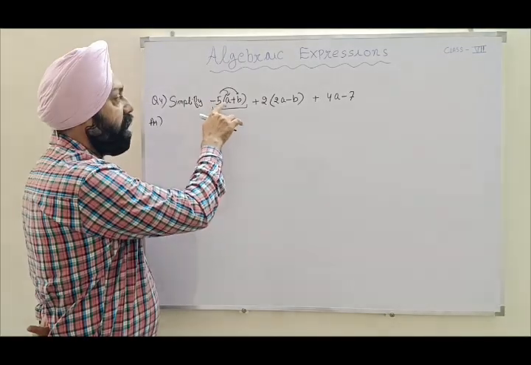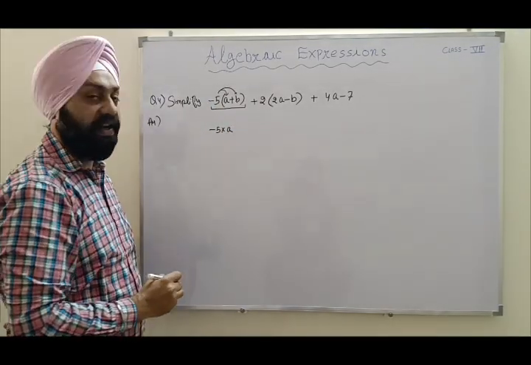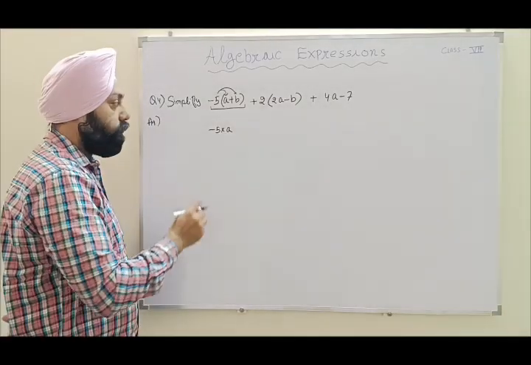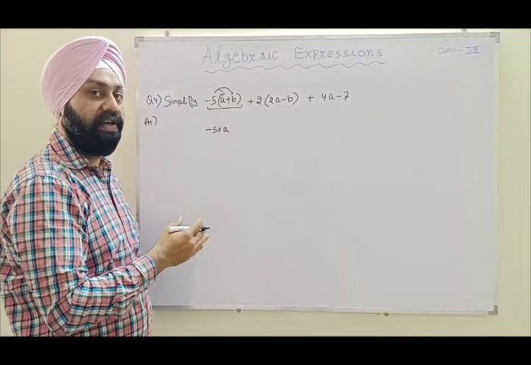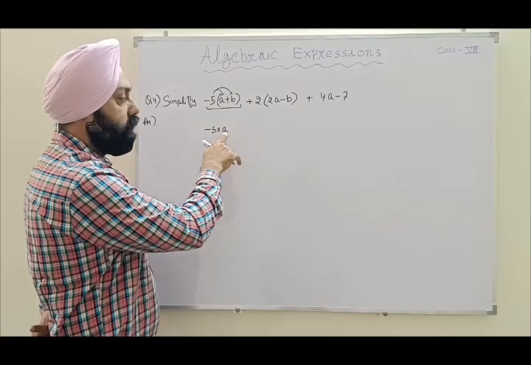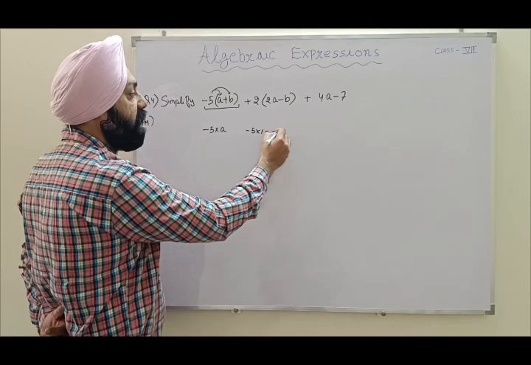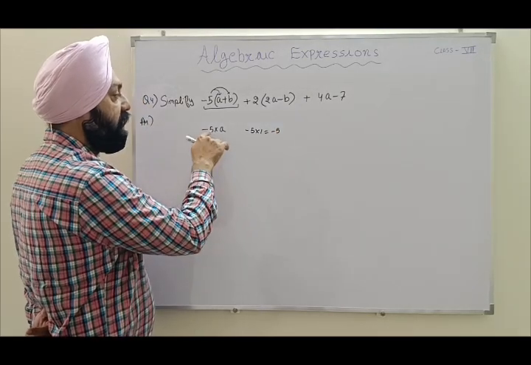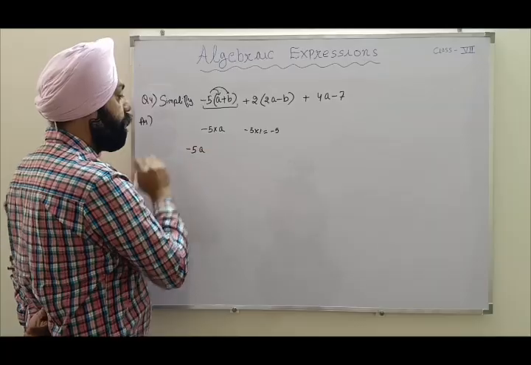So minus 5 into a. We know that whenever we are multiplying a constant with a variable, the numerical coefficient of that variable gets multiplied. The numerical coefficient of a is 1. So minus 5 into 1 will give minus 5. So ultimately minus 5 into a will give minus 5a.